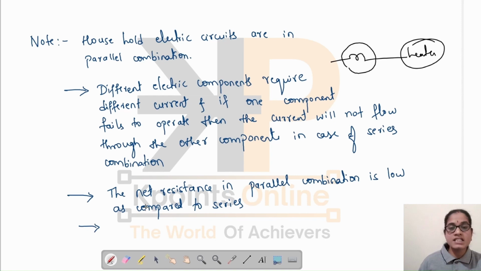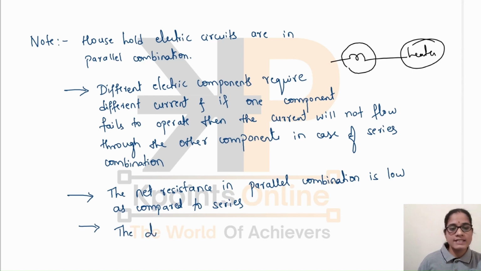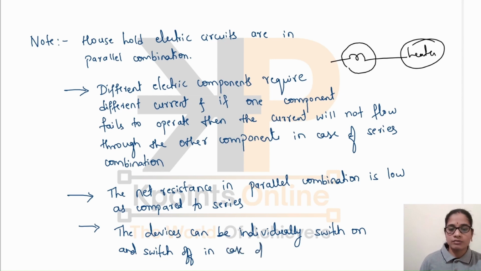And the main thing is we can individually switch on and switch off the electrical components. The devices can be individually switched on and switched off in case of parallel combination.